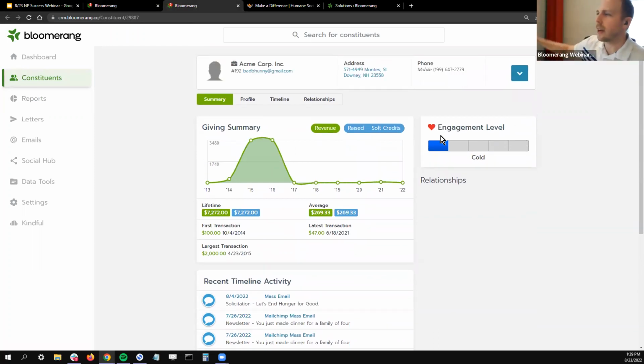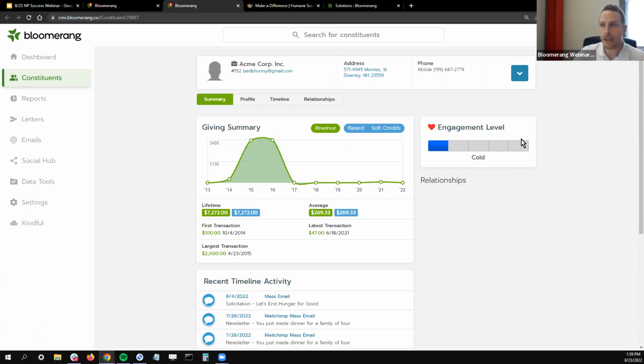This is an algorithm that was built by Bloomerang based off of nonprofit research, but it brings together all their interactions, all their donation history, whether they visit your website, how much they've engaged with your nonprofit, and it tallies it into an engagement level of cold, cool, warm, hot, and on fire.